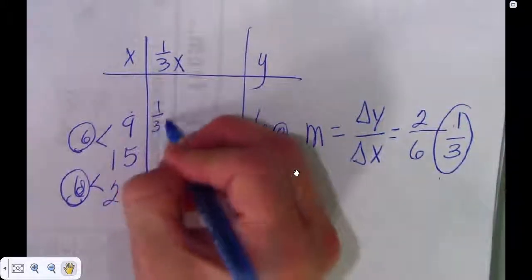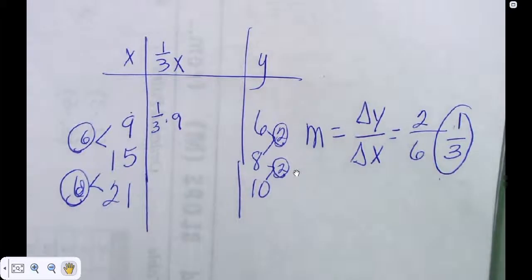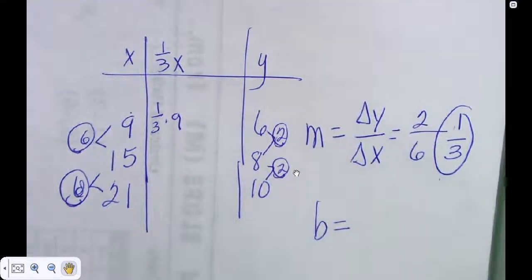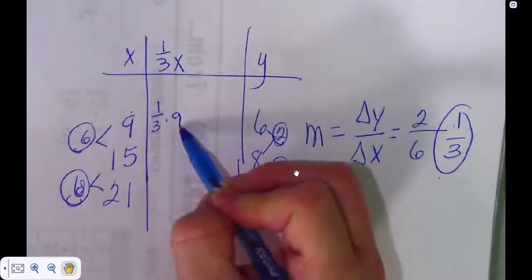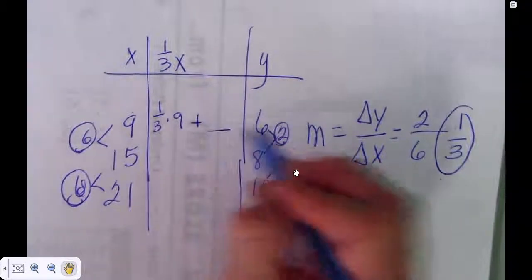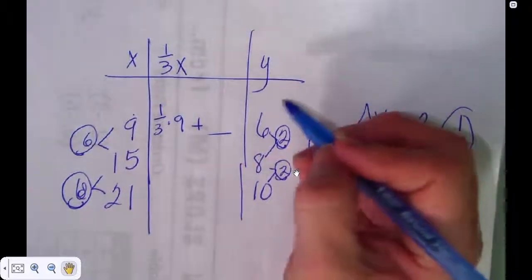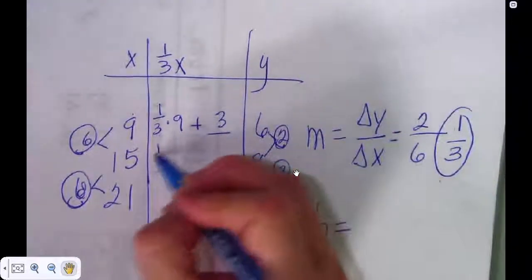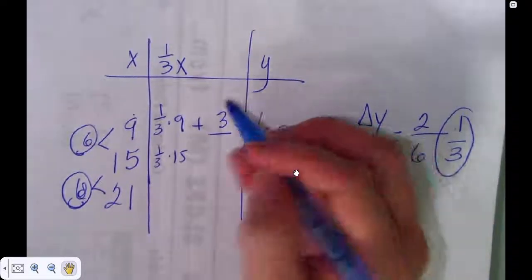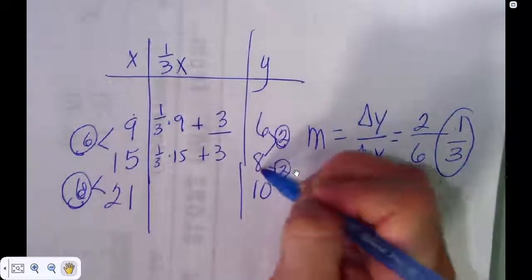So 1/3 of 9. I'm trying to get B, the y-intercept. So what's 1/3 of 9? 3. How did she get 3 so quickly? 9 divided by 3. When you take 1/3 of a number, you're dividing by 3. So 3 plus what gives me 6? 3. What's 1/3 of 15? 5. And 5 plus 3, is that 8?